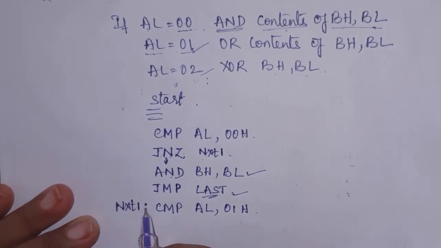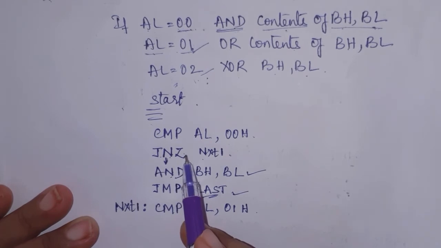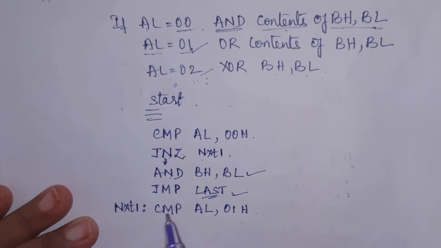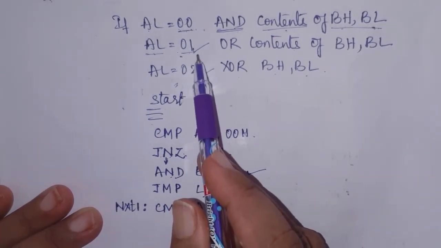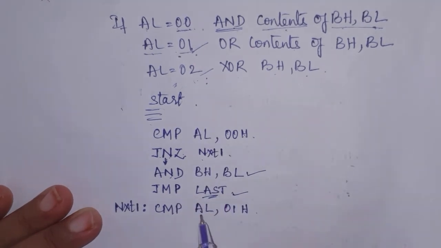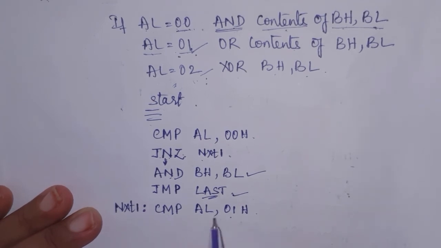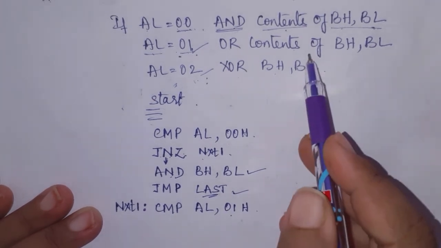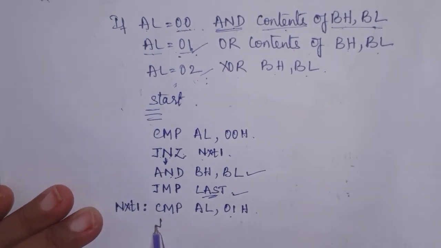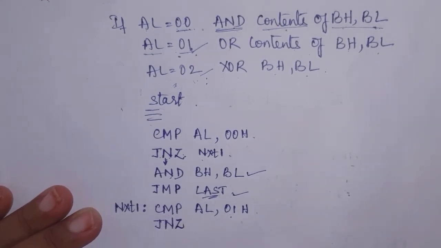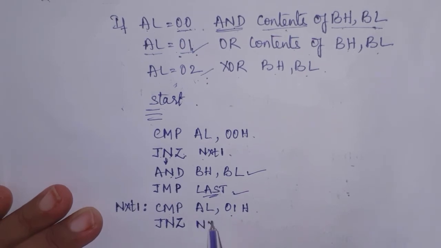isn't it? That means if it is not equal to 0, then it should check whether it is equal to 1. So compare AL with 1. Now here also, if it is equal, then OR the contents of BH and BL. The next instruction is jump on no zero to next 2.